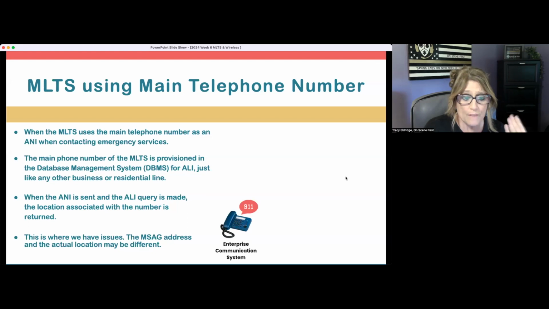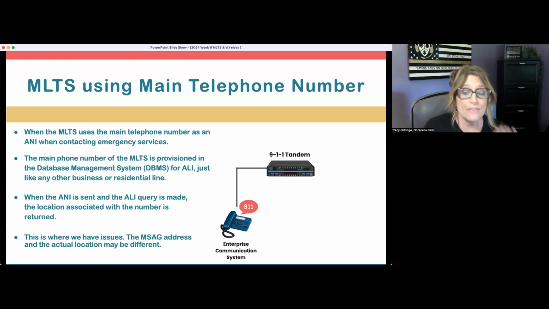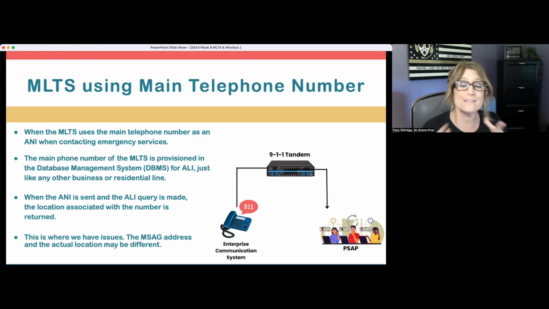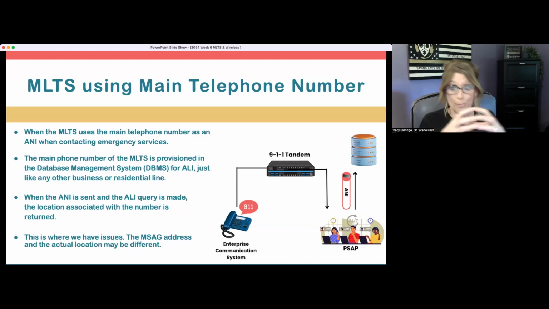So first, the enterprise communication system, the MLTS, the phone in the room makes the 911 call. That 911 call goes through the system and it hits the network tandem, the 911 tandem, and the call goes through the system and it ends up at the PSAP. That phone number is what is called parsed out.